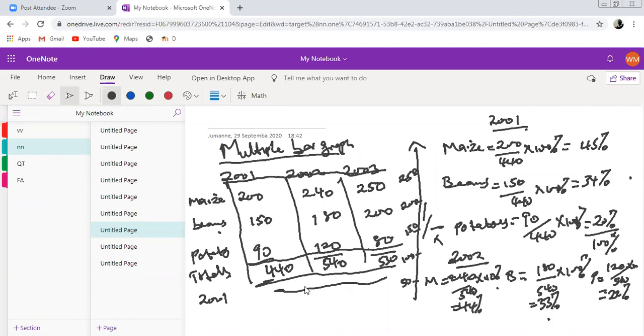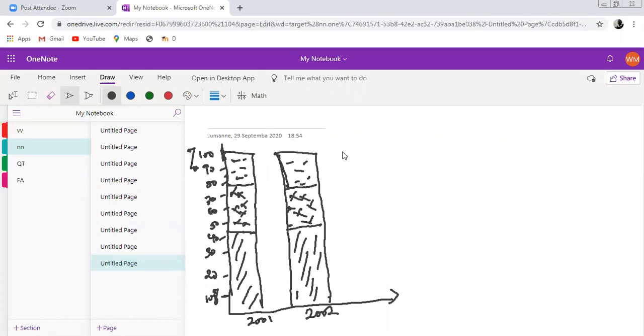Then come here and have your bar that goes up to 100%. Then subdivide that bar in proportion to the percentages that you have calculated, and you have your percentage bar graph. So all the bars have this height of 100%. That is that as far as the bar graphs are concerned.